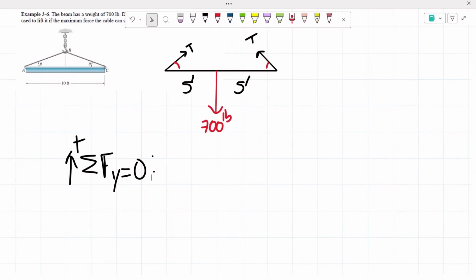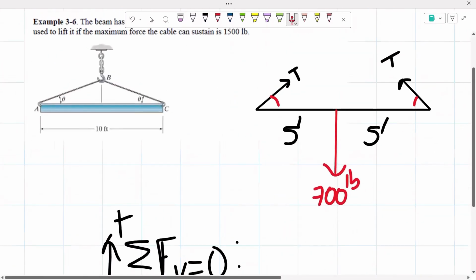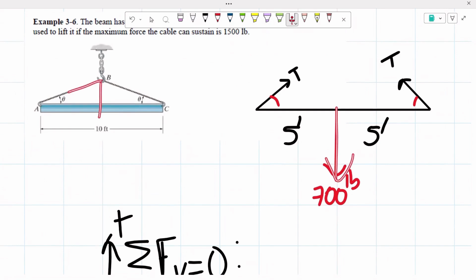Okay, I forgot to mention this. As you can see, if we draw a line right in the middle, right where that 700 pounds is acting, it makes two triangles right here. So we're trying to find the vertical component of these cables that are in tension.